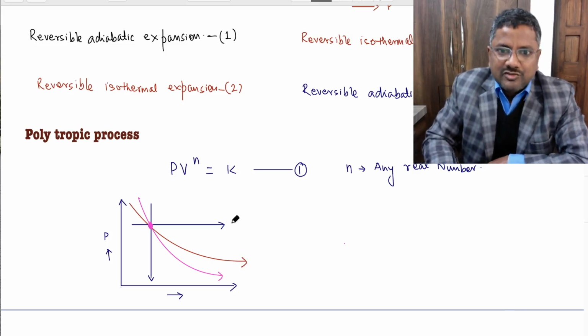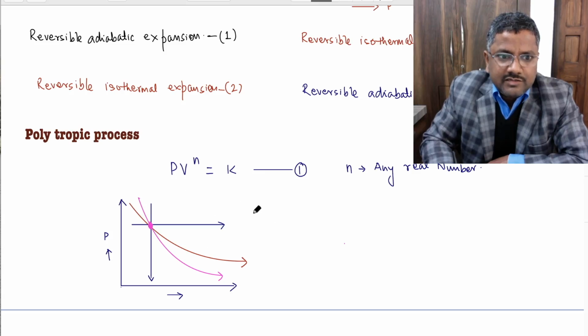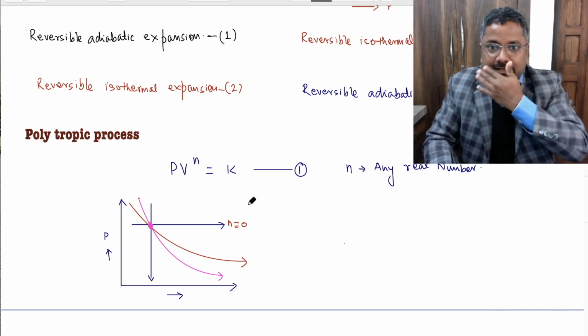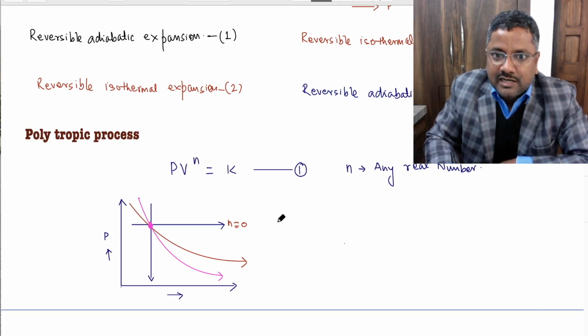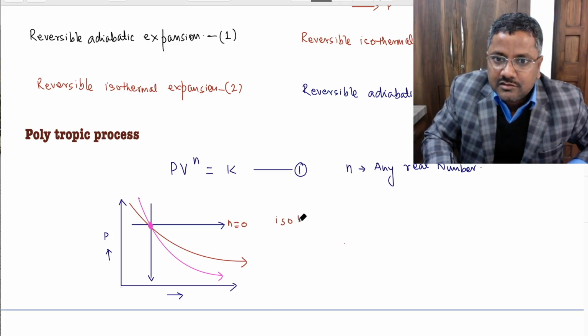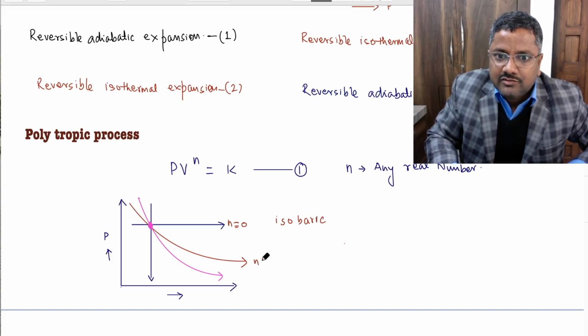Okay. So here n is equal to 0. If you put n is equal to 0 here, which type of process will you have? Isobaric. Pressure constant. Isobaric. Here n is equal to 1. So this is isothermal.